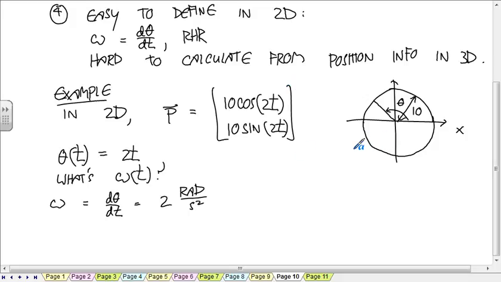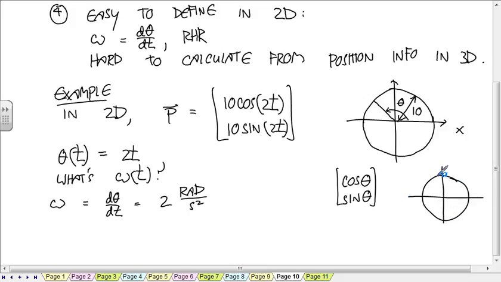If you think of the unit circle, this function tells you which point on the unit circle you're at based on the angle between the positive x-axis and whatever theta is. And that's the same thing that's happening here. It's just that instead of theta, we have 2t.